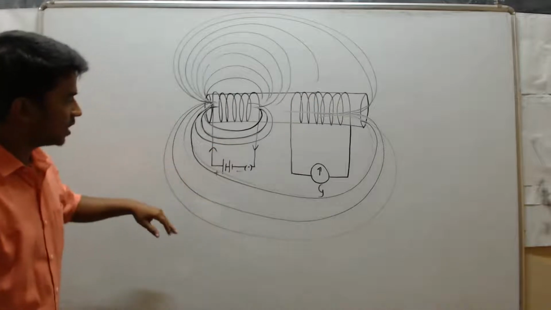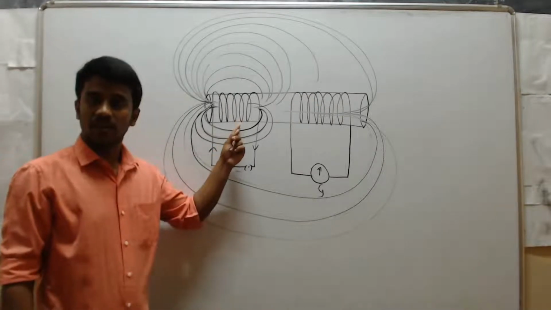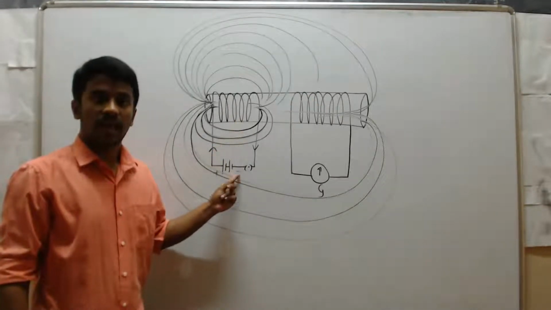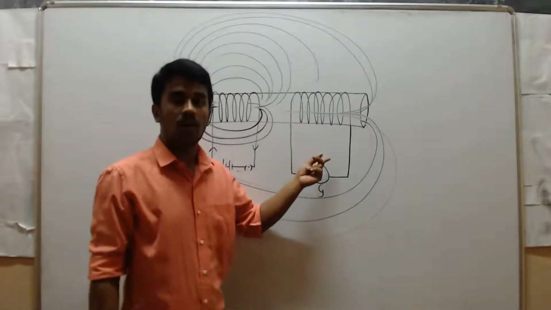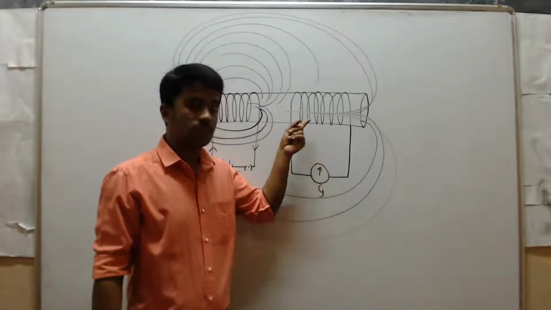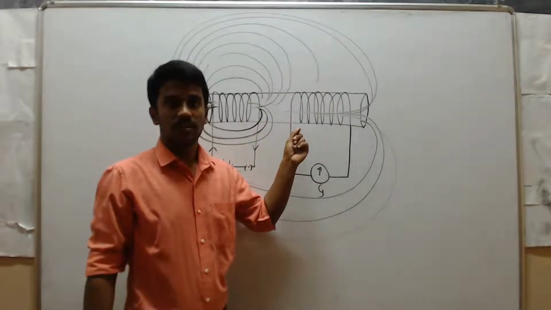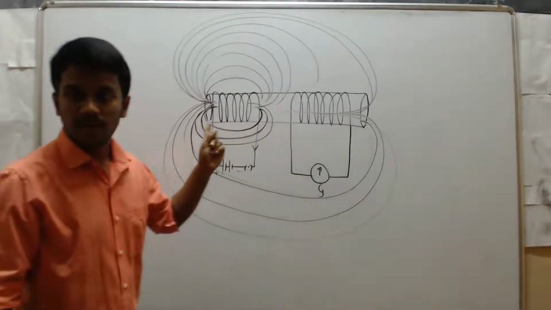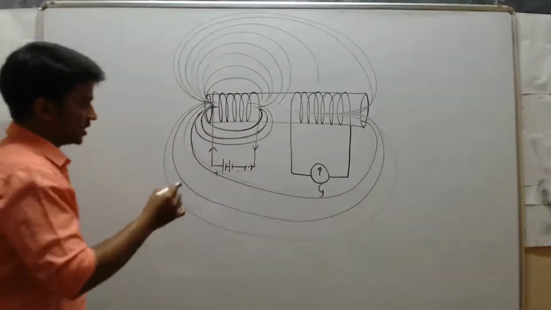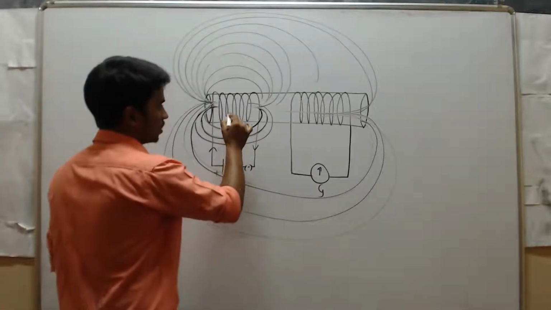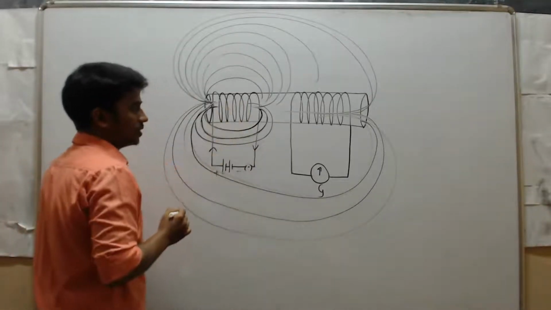So here we have generated a magnetic field using electric current, and in the second coil we have induced current using this magnetic field. Here we have passed electric current through this coil. What happened?